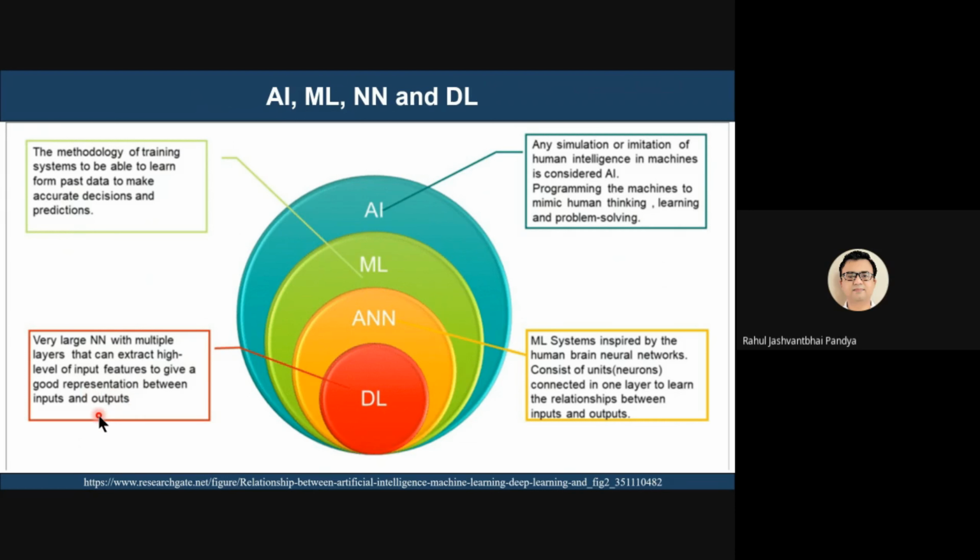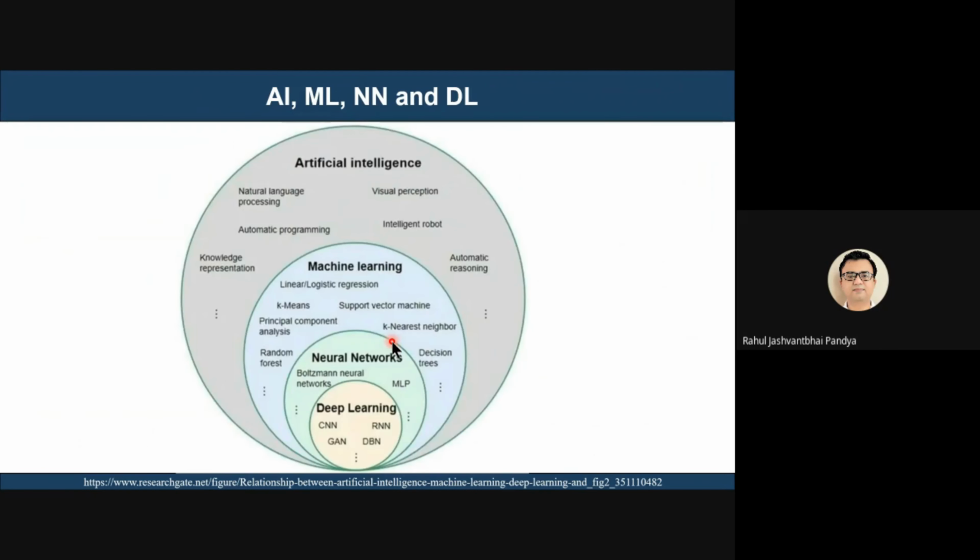So this could also be a possibility. This is how people also used to represent AI. Then the sub branch of AI is machine learning. Then ANN comes as a further sub branch of ML, and finally deep learning, which is again a sub branch of artificial neural networks. That's how these people used to present. That's the basic idea.